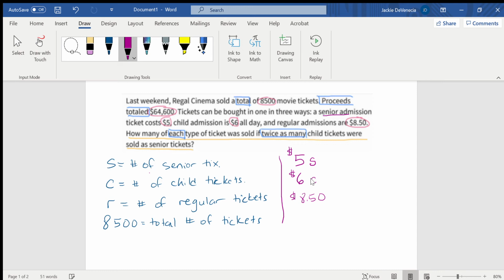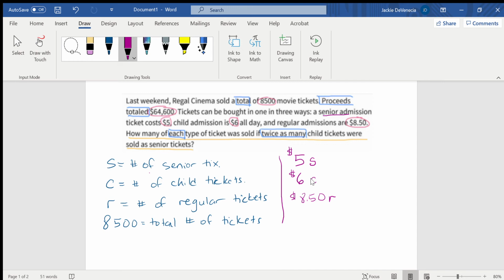We don't know the number of regular tickets, so we're going to call it R. So this will be 8.50R, as if you're multiplying right over here. And then we have 64,600.